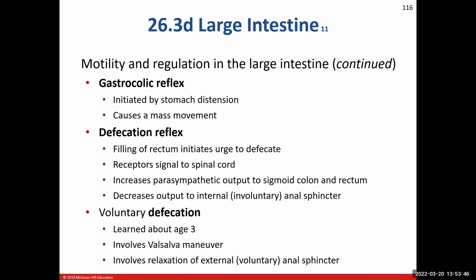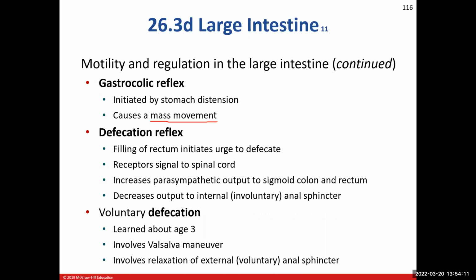This is the one that I was telling you about, that later on you may have to go to the bathroom. That's because that stomach distension causes mass movements in the large intestine. And basically what we're doing is we're just making room. We're making room for ingested material to move along through our GI tract.